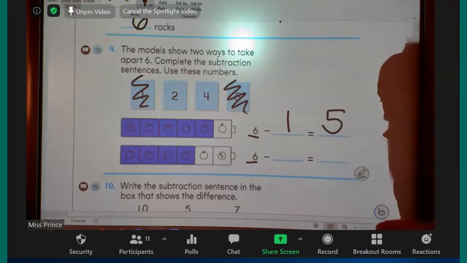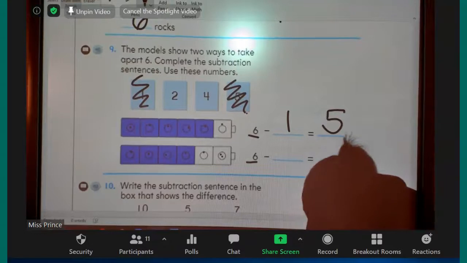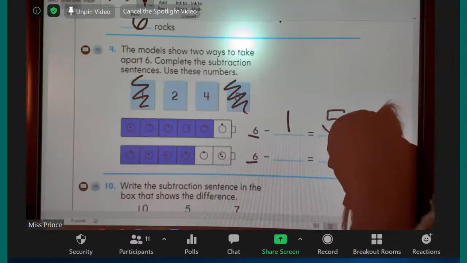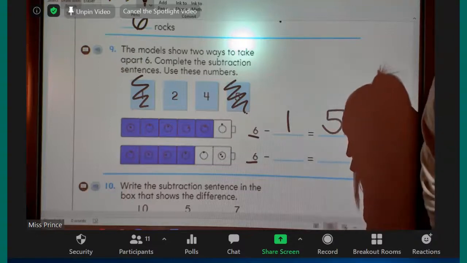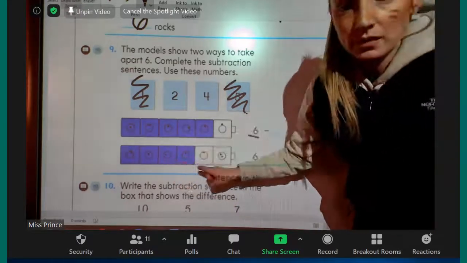Okay, this last problem is for Samantha. Are you back? Okay, Samantha, are you on the same page as me? Okay, so do you see your blue cubes in your book?